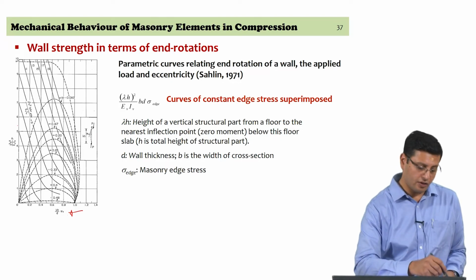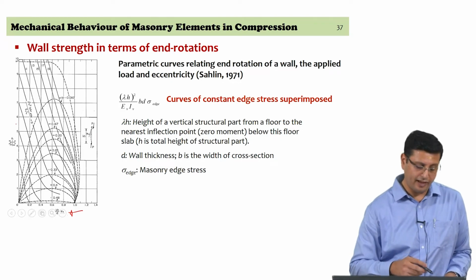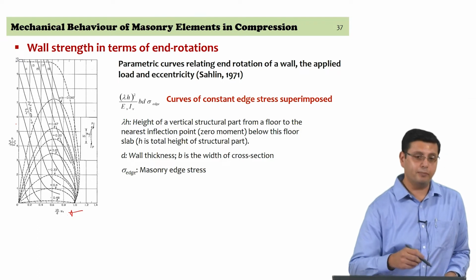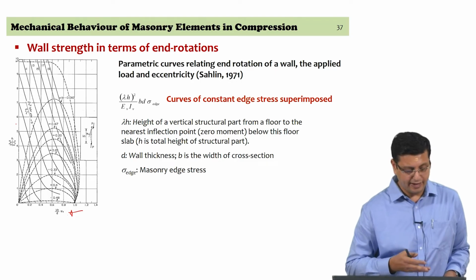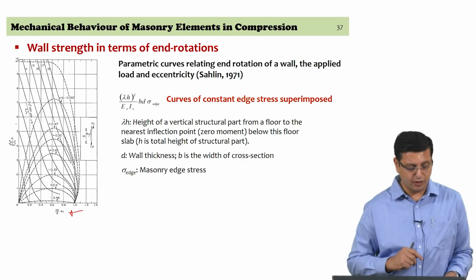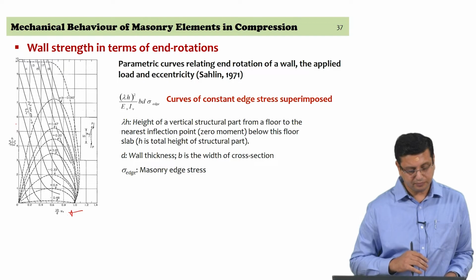And then on the x axis you have lambda square h square by EI, E of the masonry, and I again the second moment of area of the cross section.